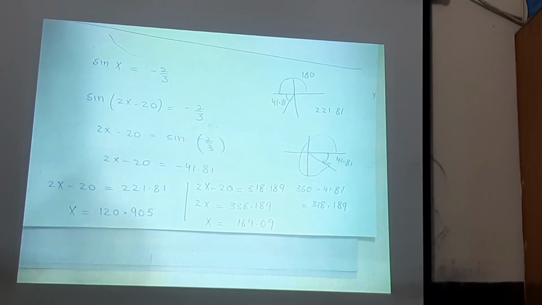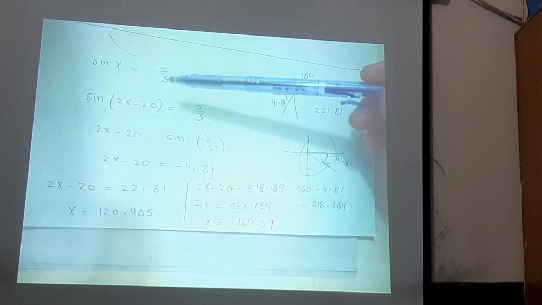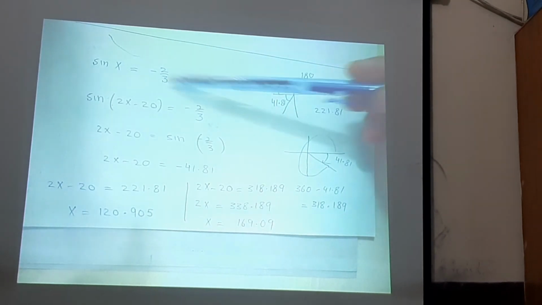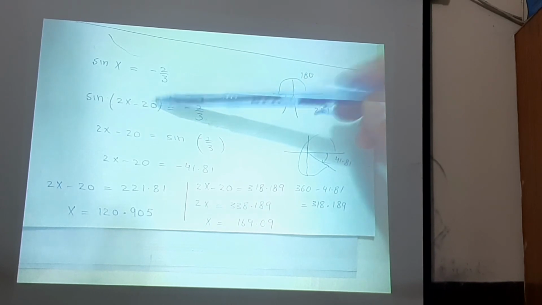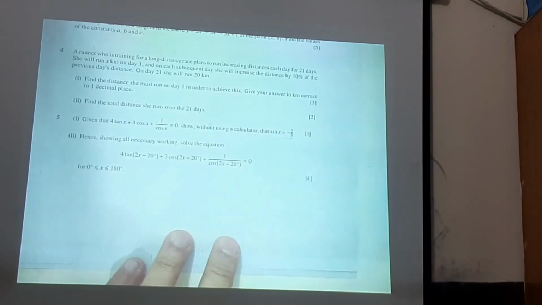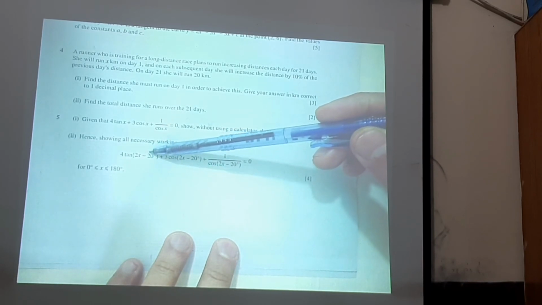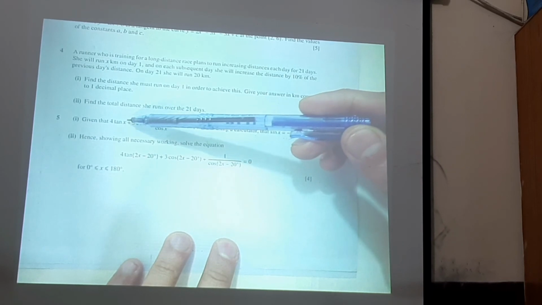So question number 5 part 2, sin x is minus 2 by 3, and we need to solve the equation in which x was replaced by 2x minus 20 in my question, which is right here. If you want to see it again, 4 tan(2x minus 20), and my question in part 1 was 4 tan x.